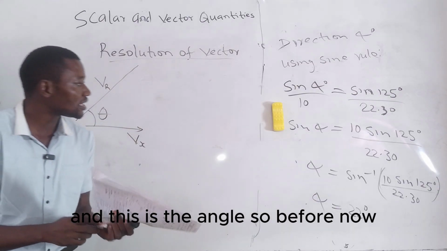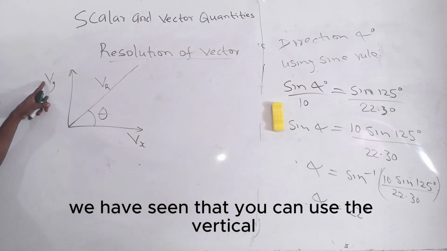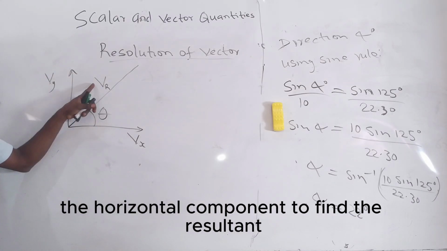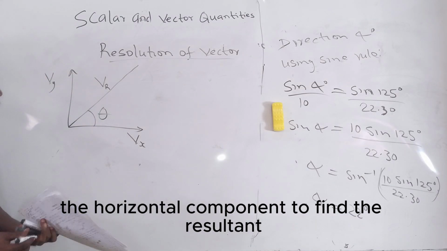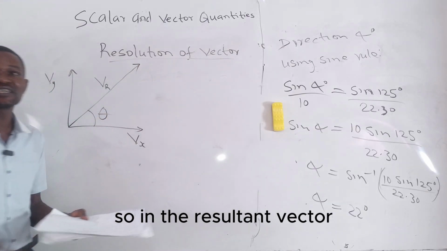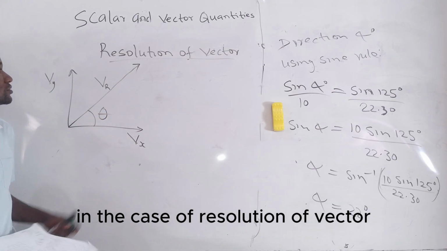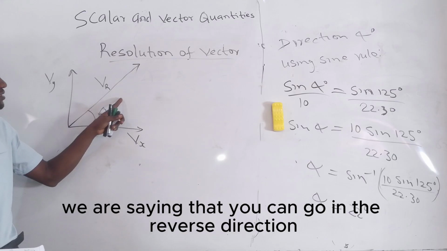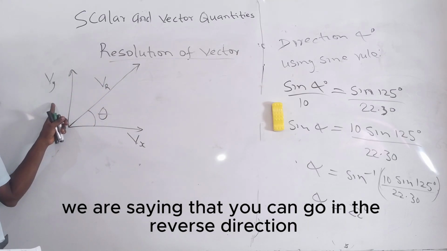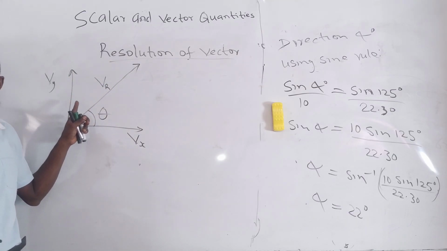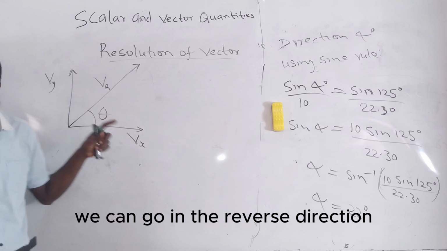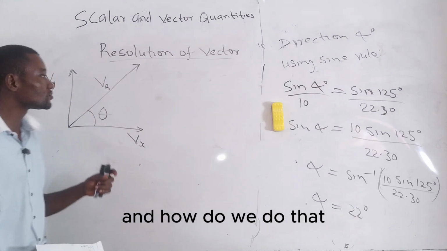So before now, we have seen that you can use the vertical and horizontal components to find the resultant. In the case of resolution of vector, we are saying that you can go in the reverse direction. And how do we do that?